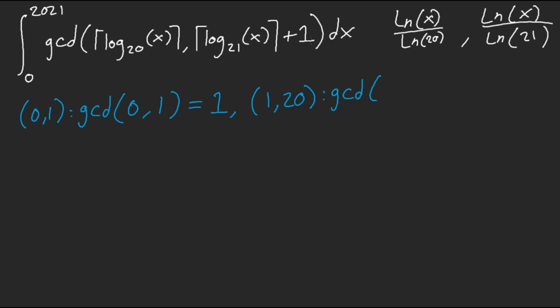The GCD becomes, let's see, at the interval between 1 to 20, we get 1, and over here, this is also, let's do 1 plus 1, so we get 2. So because of that, the GCD of 1 to 2 is equal to 1, because they're relatively prime.